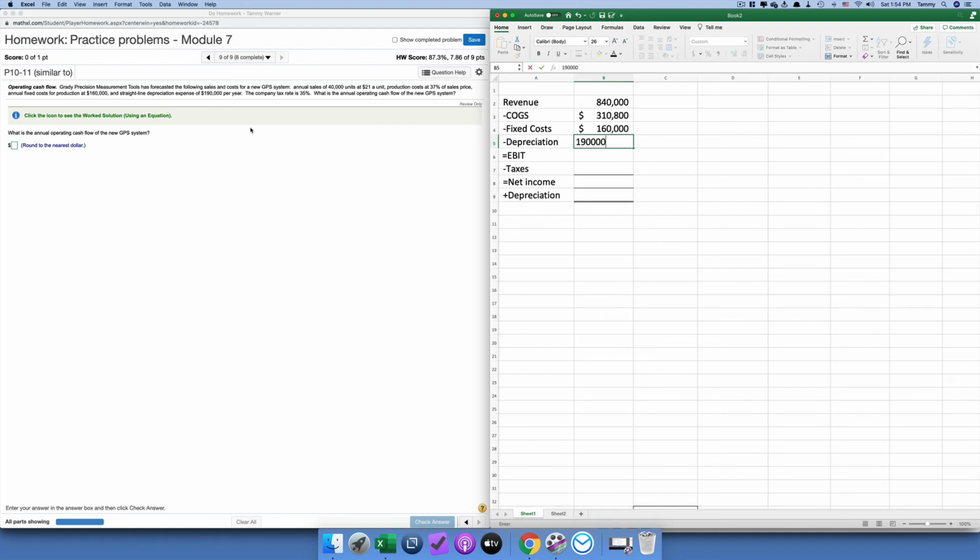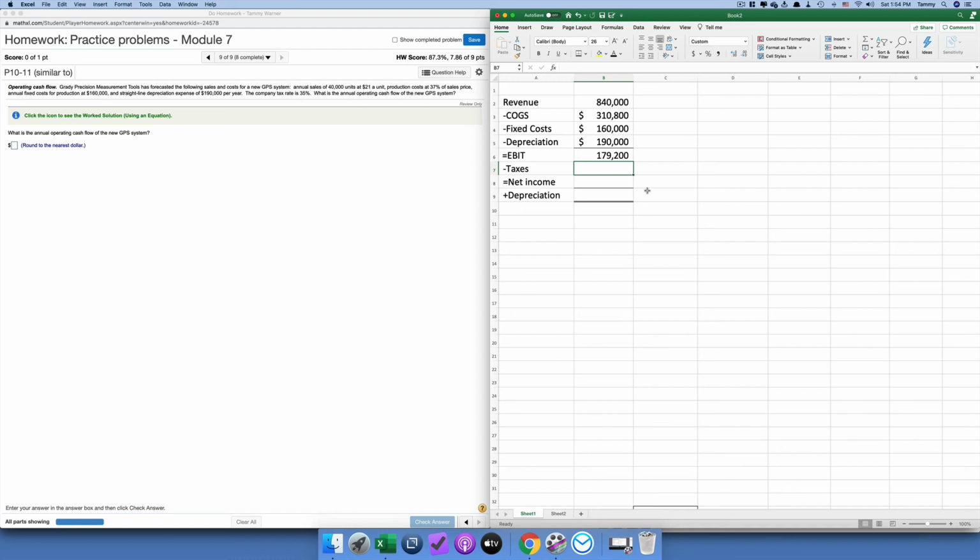It's convenient that they give you the numbers in the right order. All right, so that gives us our earnings before interest and taxes. Okay, so our earnings before interest and taxes is $179,200.